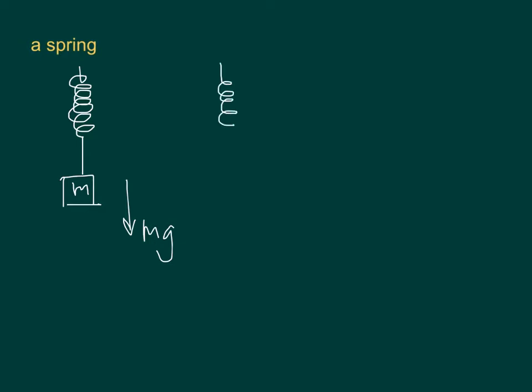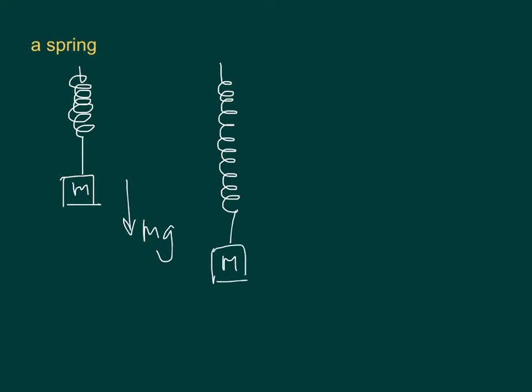Now, let's say you've got a spring. So a spring is drawn a lot like that, and it's got a mass at the end of it. And that mass is sitting there under the gravitational force written by mg, which you guys are all familiar with. So let's say that under mg, or under that force, the spring extends to there.